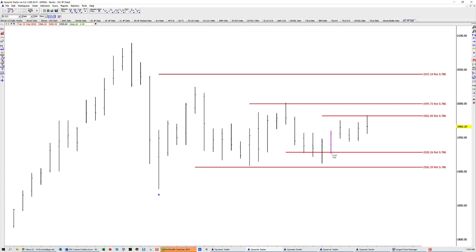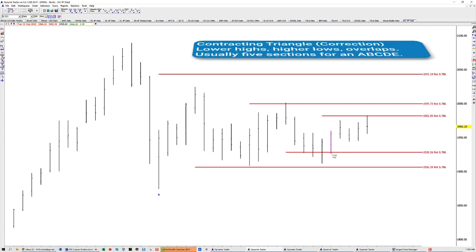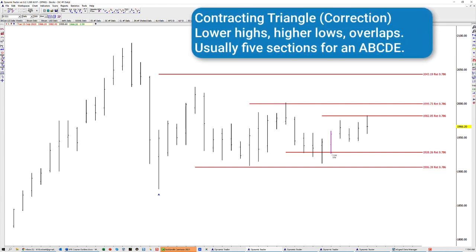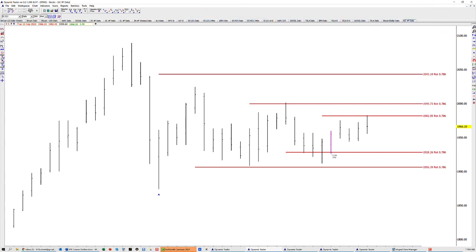These are almost the definition of a contracting triangle, of an A, B, C, D, E, of which each of the shorter sections that follow the prior section is contained more or less by the typical retracement, or the maximum retracement typical for a correction.